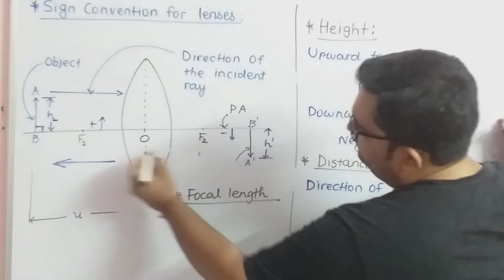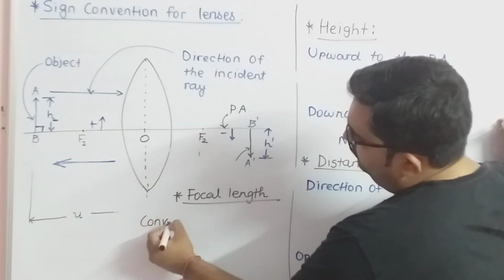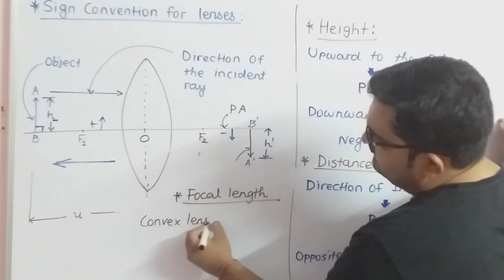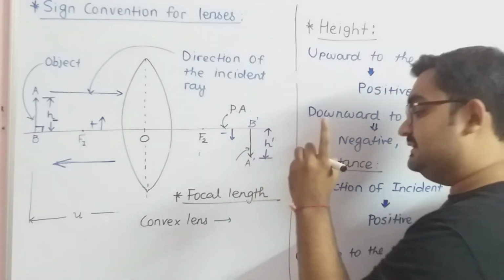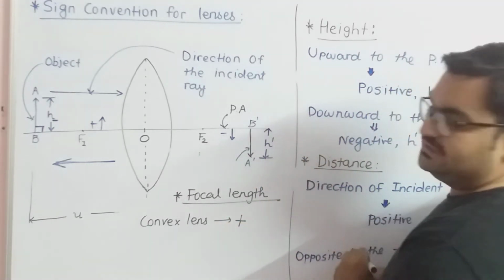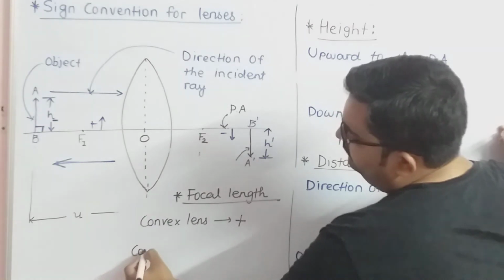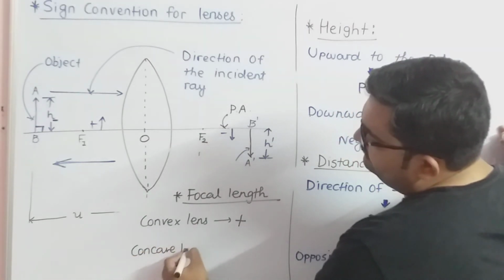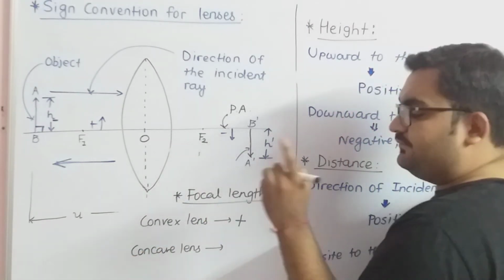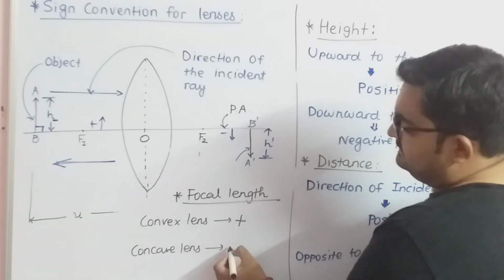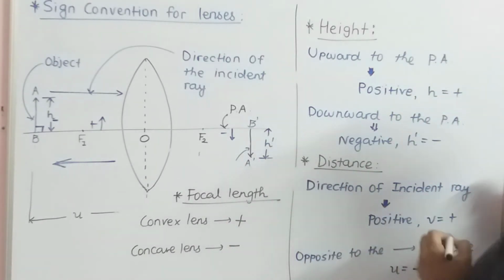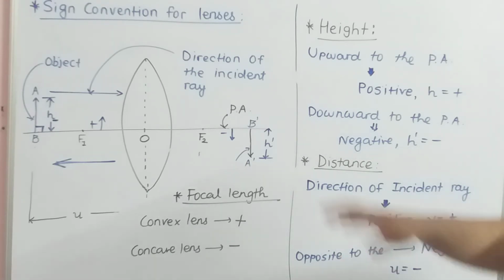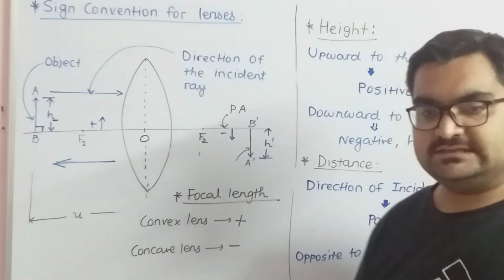It means for a convex lens, the focal length is always positive, and for a concave lens, the focal length is always negative. Okay, so this is the sign convention for lenses.